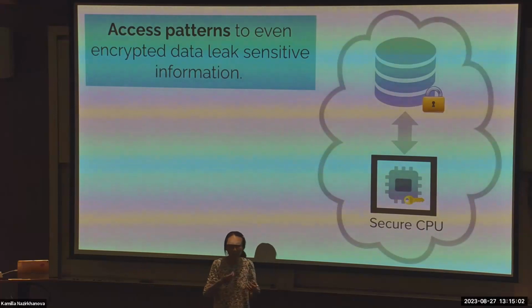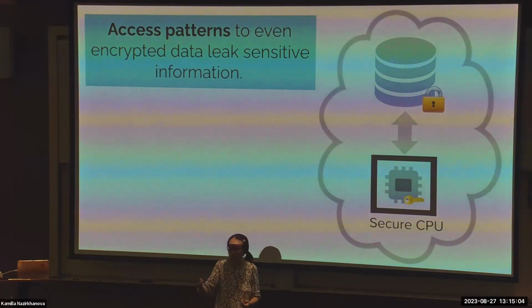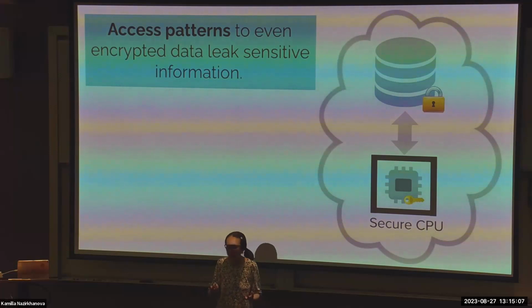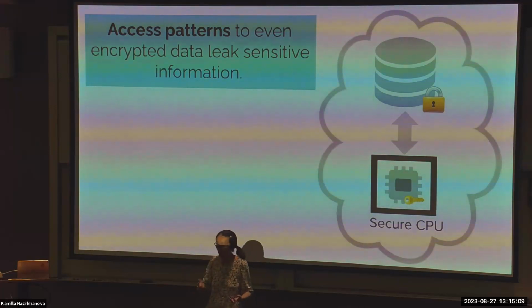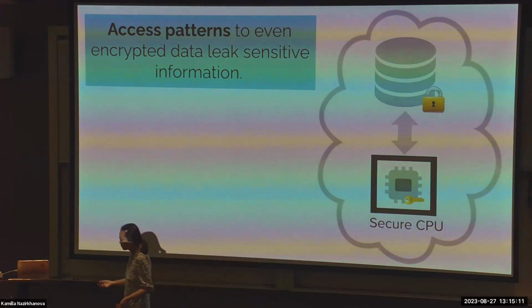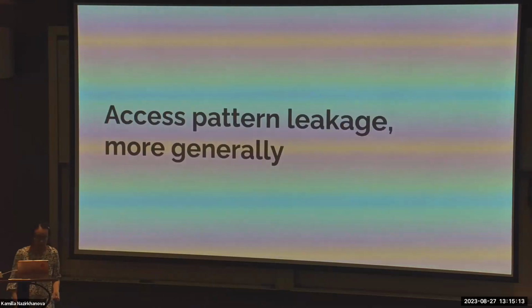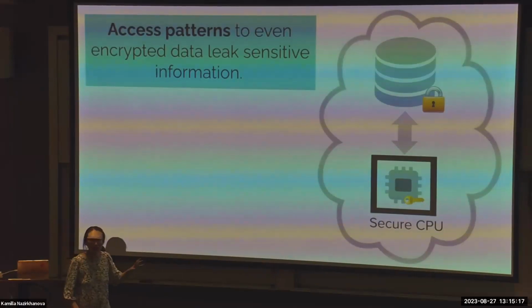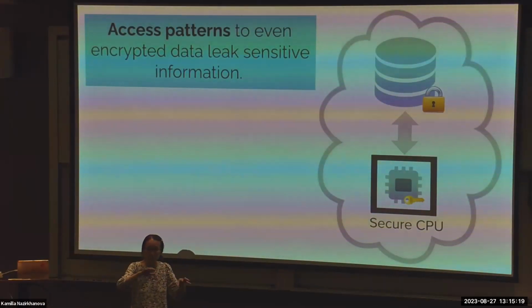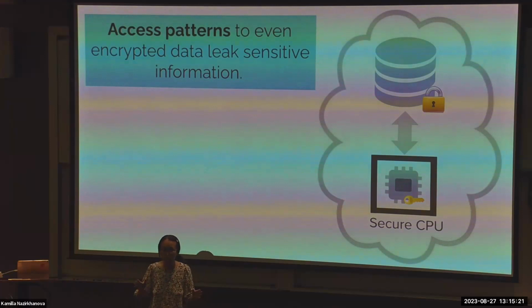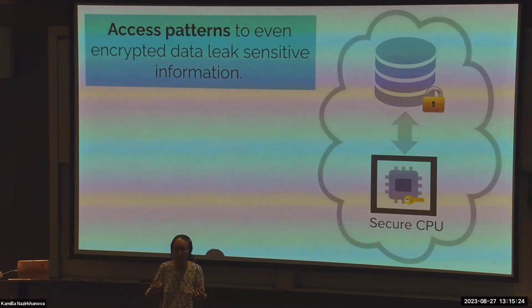If the operating system can observe which locations you are accessing, this is sufficient to leak who your friends are, because you are accessing your friends' records. I also want to quickly mention that simple solutions like randomly permuting the data in storage don't actually solve the problem, because you can still pretty much learn the entire social network graph.